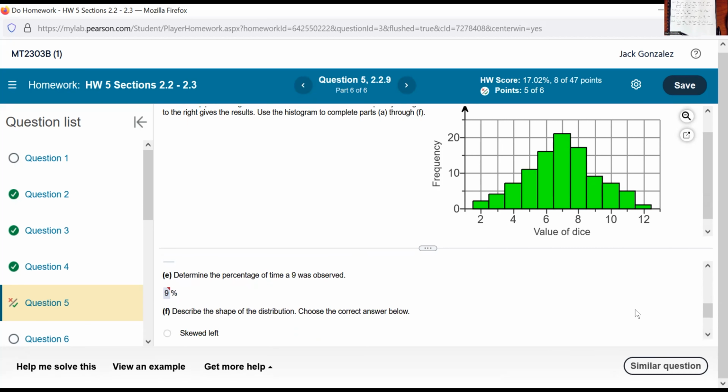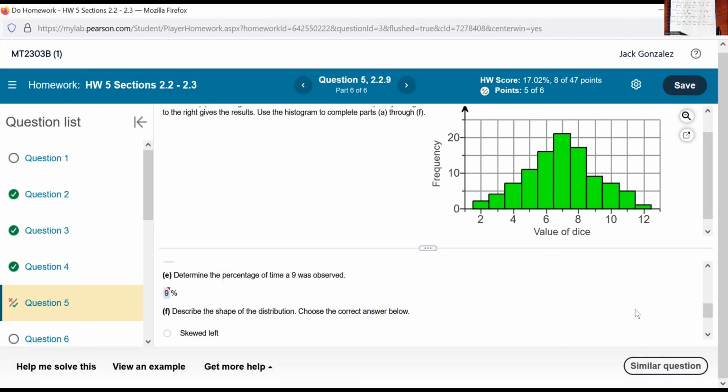Percentage is related to what we talked about last time, the relative frequency. So what you would do is figure out, okay, how many times did 9 appear? Said about 9 times, right?